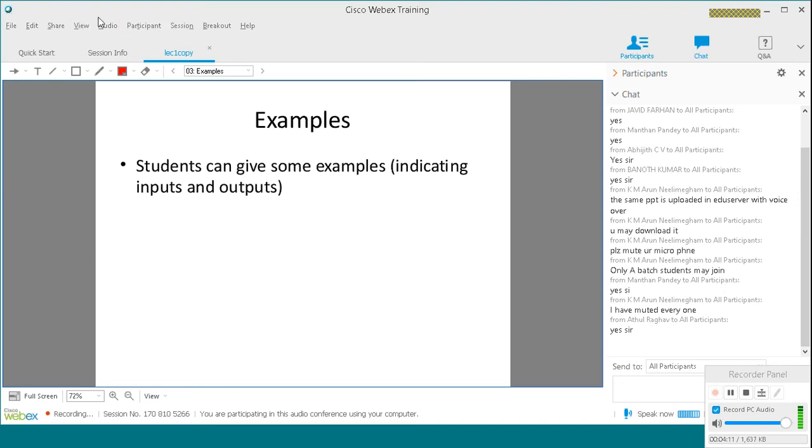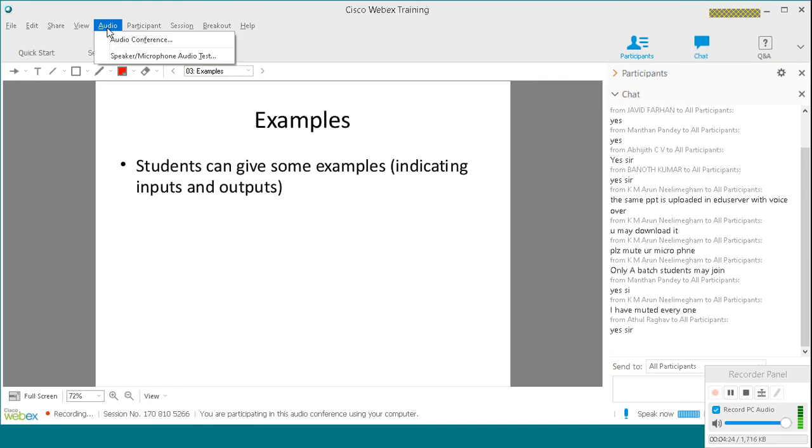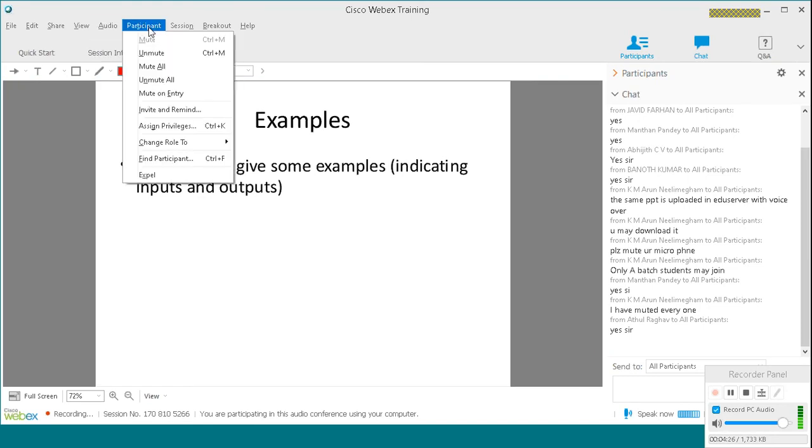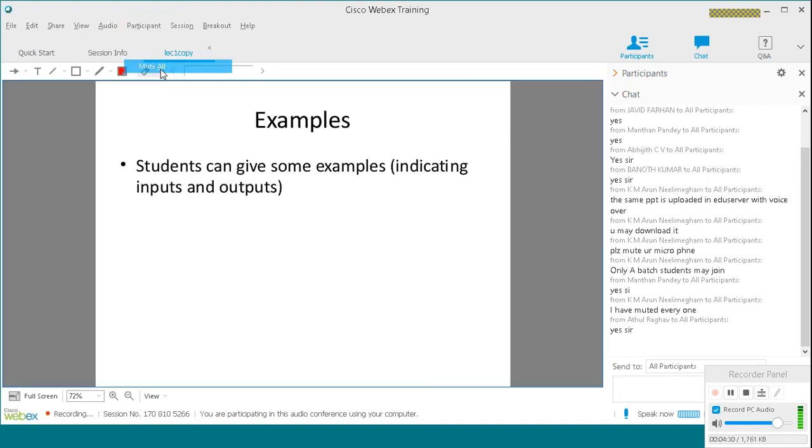A system is a collection of some digital capacitor, and it takes some input and gives some output. Yeah. He gave an example of an electrical system, an electrical circuit.